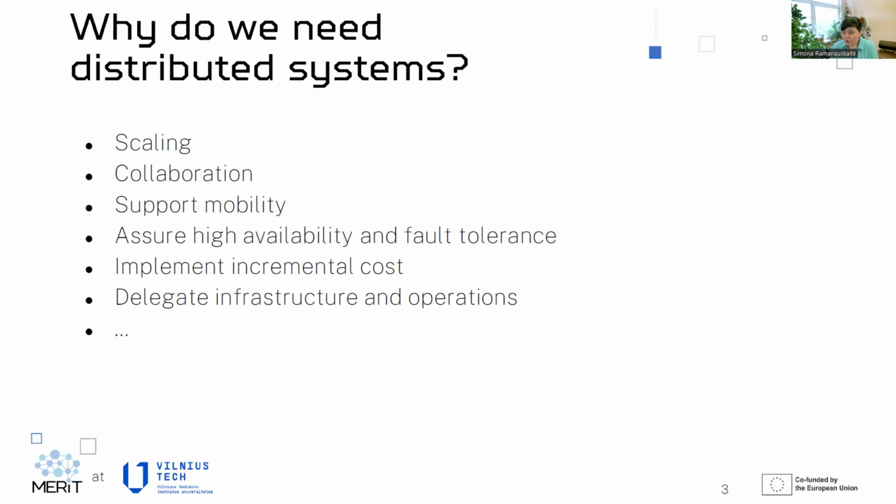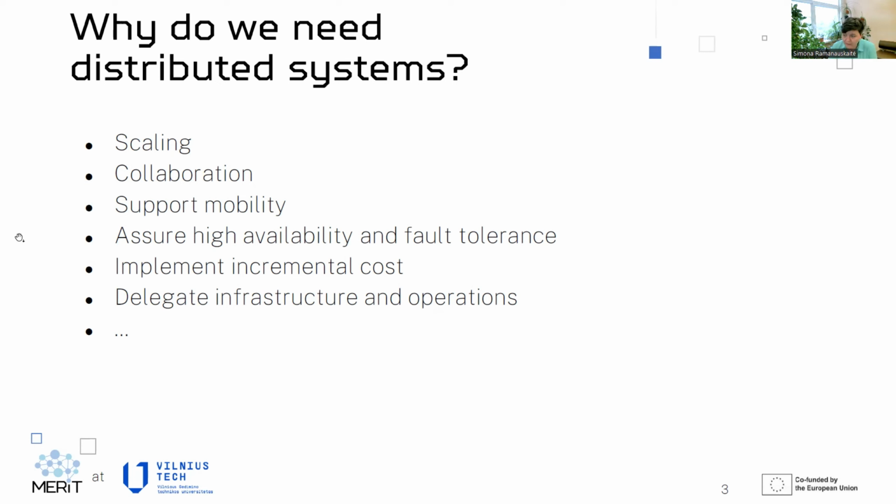But for all the items listed here, we should dive deeper and there are a lot of different solutions which should be used to implement them. It's not that if I'm using a distributed system, it's already applying all of those features. It depends on the context, on what kind of distributed system we are using, and so on.